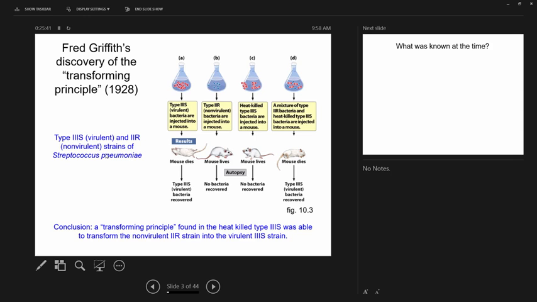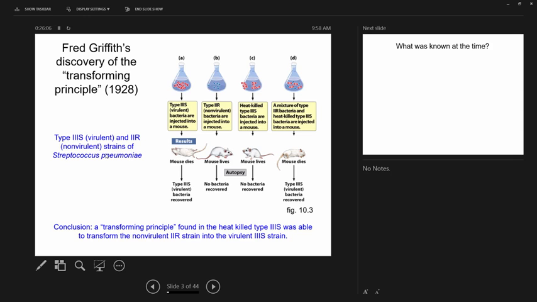Yes. So the question is, is this horizontal gene transfer? Yes, because, I mean, I don't know if it truly would count, because the type 3S cells are killed, so it's not like conjugation.